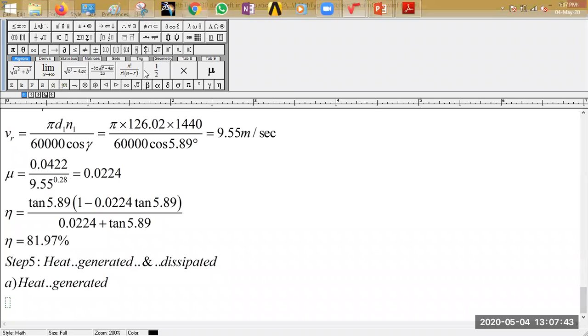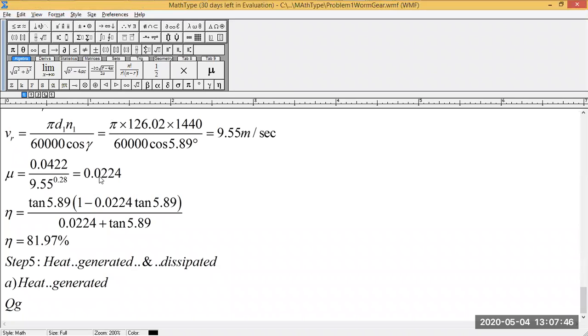So Q_G, G is heat generated, which is given by mu Fn, N is a subscript, and Vr, R is subscript.